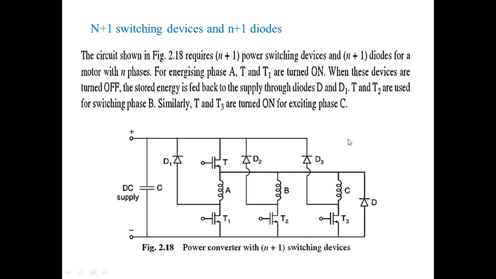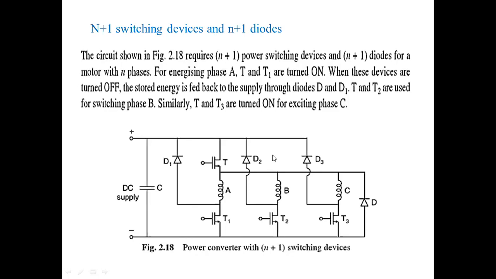Thyristor T1 has been placed with diode D1, thyristor T2 with D2, thyristor T3 with D3. But here another diode D has been placed, connected towards the negative side like this, and also a thyristor T is placed. I will explain how they operate.